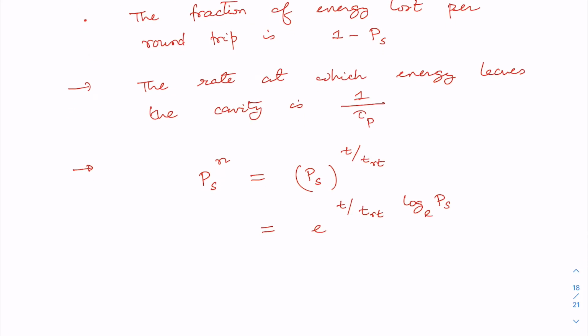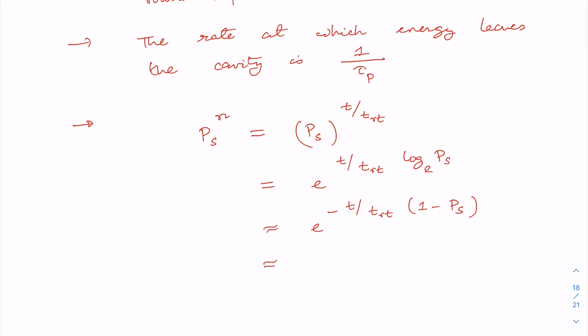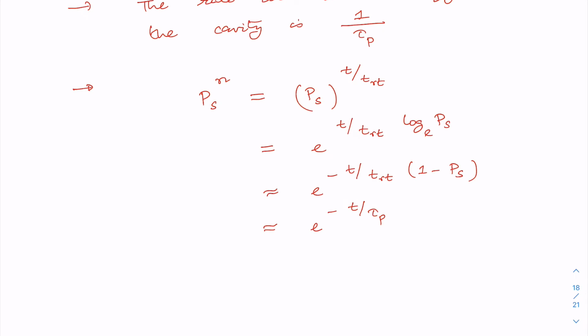This I can also write as e to the power minus t by T_RT times 1 minus PS. In fact, I can write this because I already know the expression for the lifetime of the photon, tau p. While writing it, I have used the relation that the logarithm of 1 plus x, for very small x, I can write simply as x, where I am taking x equal to 1 minus PS.